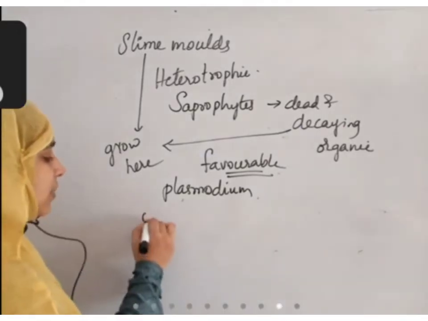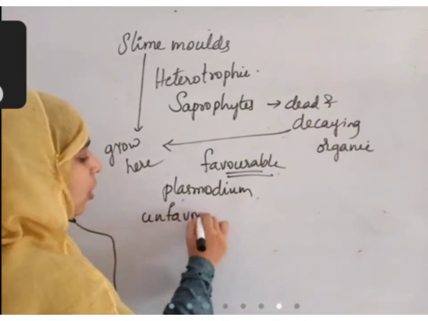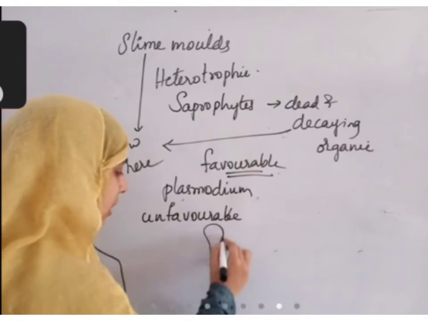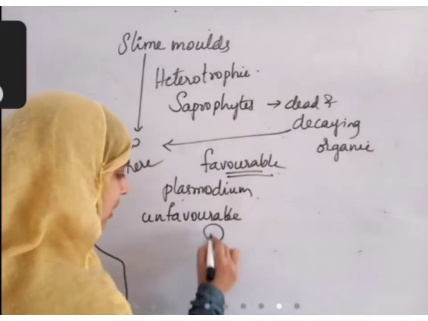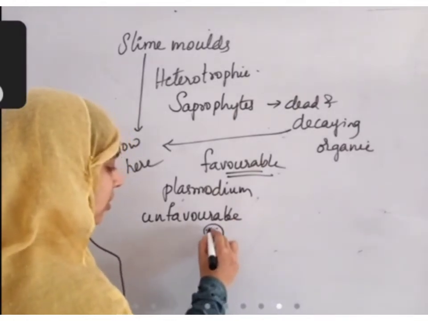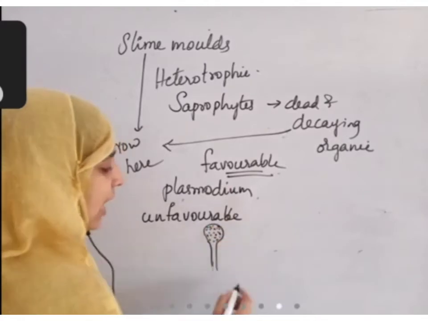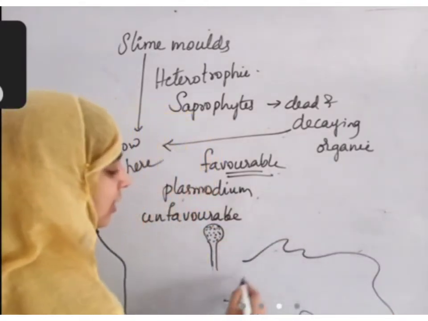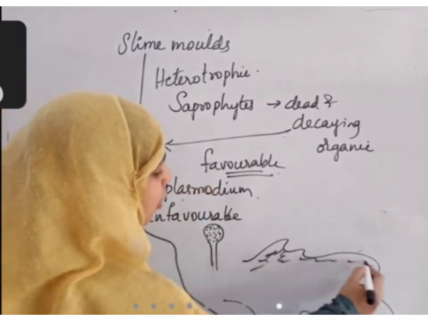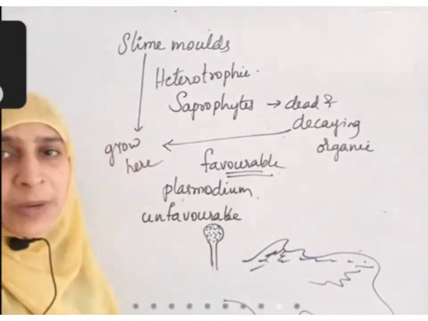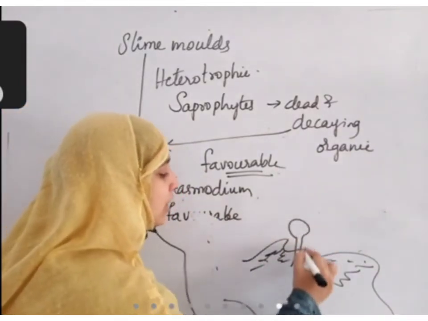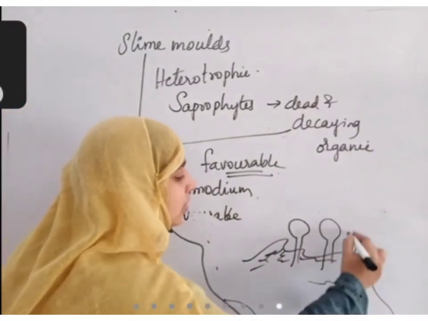But when the conditions become unfavorable, they grow small round structures like this, which have so many spores inside, okay. As long as the condition is favorable, they keep spreading. These are all slime molds, it keeps on spreading. But if the condition becomes unfavorable, they develop structures like this.